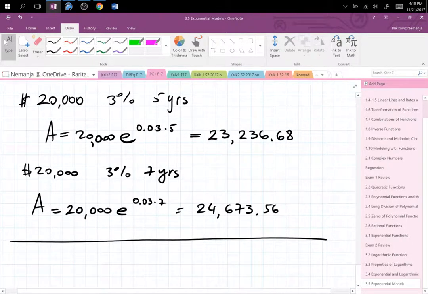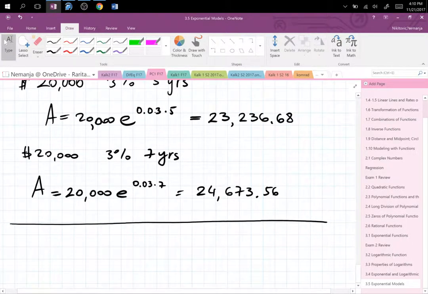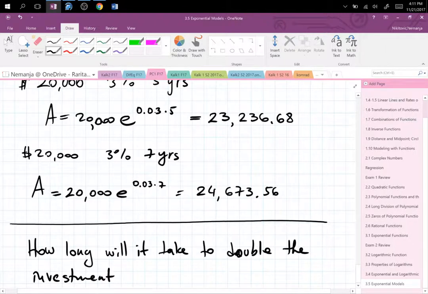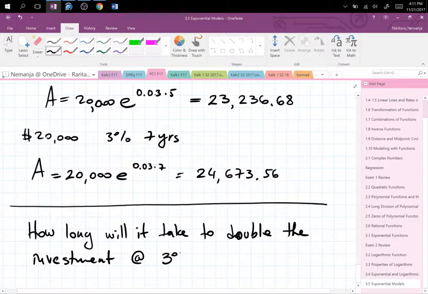And then you can compute these things. Now, I have another interesting calculation. How long will it take to double the investment at 3% interest?